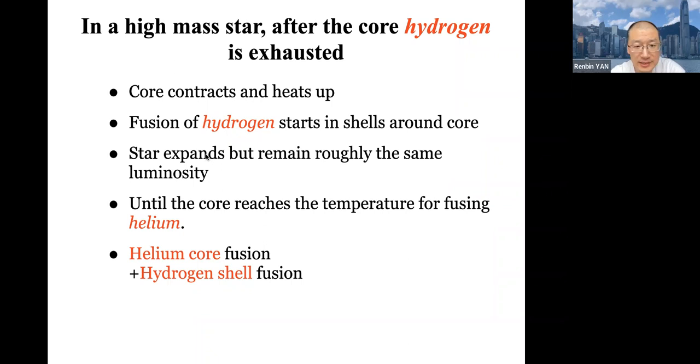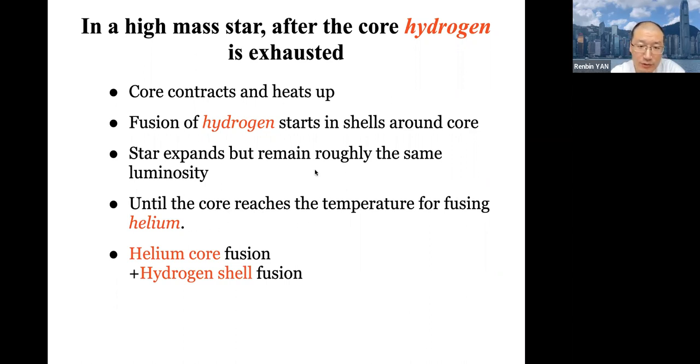This is because the star is already very high luminosity to start with, so after gravitational contraction and hydrogen shell fusion, it will actually not expand very much. The star expands but remains roughly the same luminosity until the core reaches the temperature for fusing helium.